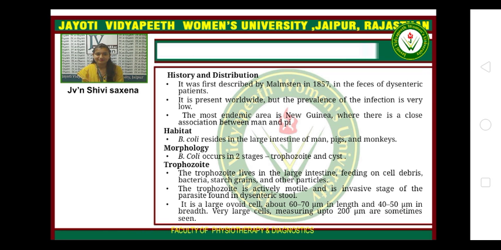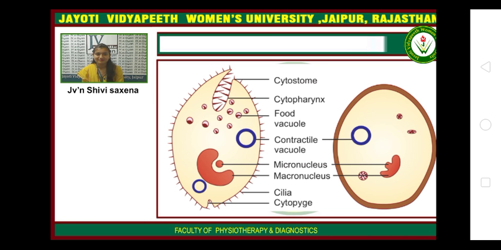The cell has two nuclei, a large kidney-shaped macronucleus, and lying in its concavity a small micronucleus. The cytoplasm has one or two contractile vacuoles and several food vacuoles. This is the structure of the trophozoite.